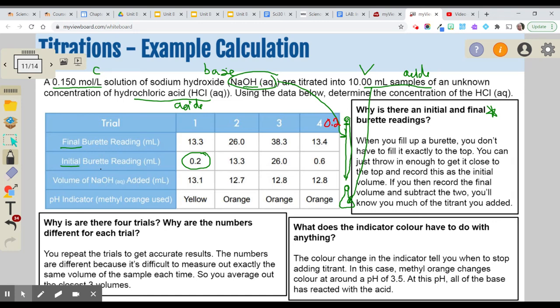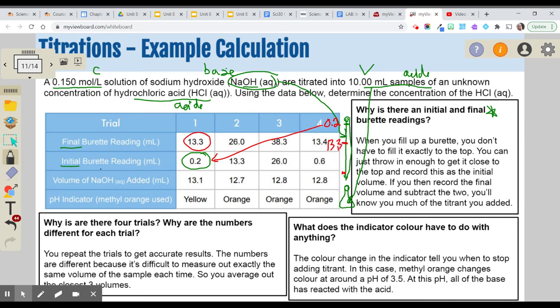So what you need to do is figure out how much you're going to add. You take your initial reading and you write it down. Then you slowly open the stopcock and let the liquid drip, drip, drip until all of a sudden the color changes. Ooh, yellow, we might have gone too far. We stop it and read where the level of the liquid is in the burette. The final burette reading is 13.3.